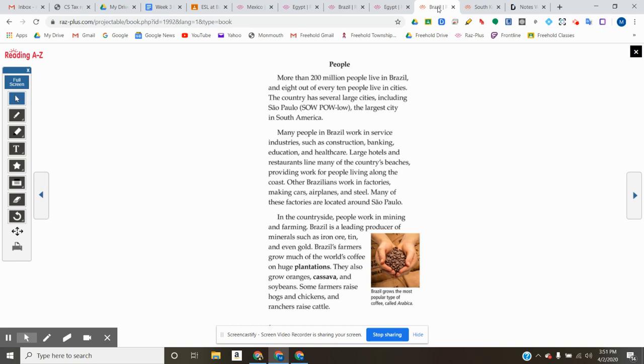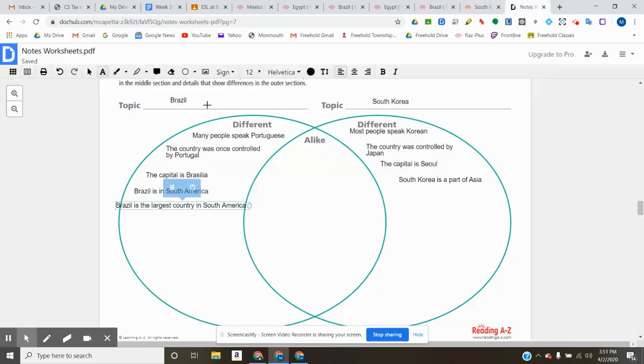It looks like a lot of people work in service industries or factories. And service industries are pretty much anything where someone has to do something for someone else.